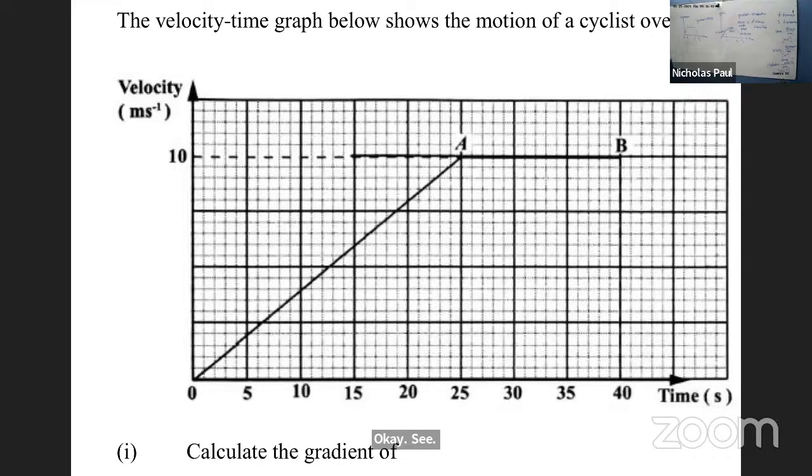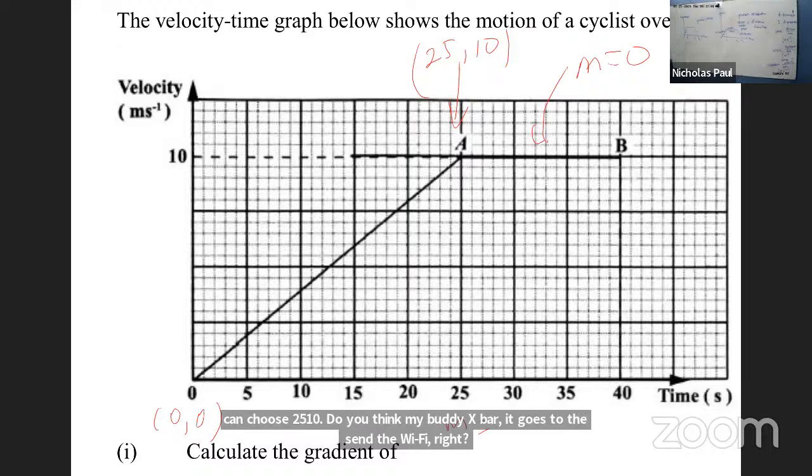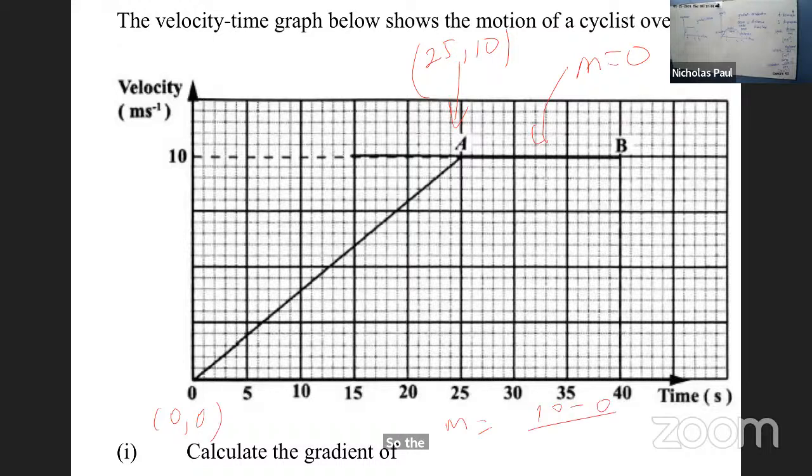Right, so the gradient here is 0, so we know that one. We could choose any point you want. You could choose 0, 0, and you could choose 25, 10. Please remember the x value goes first, then the y value, right? So the gradient will be 10 minus 0 over 25 minus 0, right? So I got 0.4 meters per second squared.